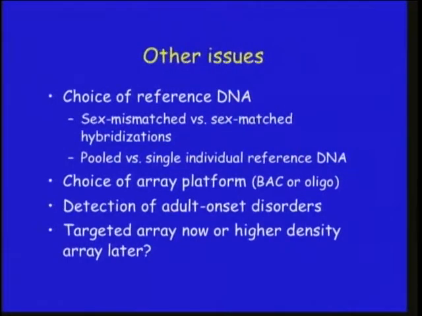And it's really difficult right now to decide what kind of array platform to use, whether you should be using a BAC array, an oligo array, what kind of density, what kind of coverage you should have on your array. It's a moving target right now, and we know that whatever array we're using today may be completely different than the array we're using a year or two from now.